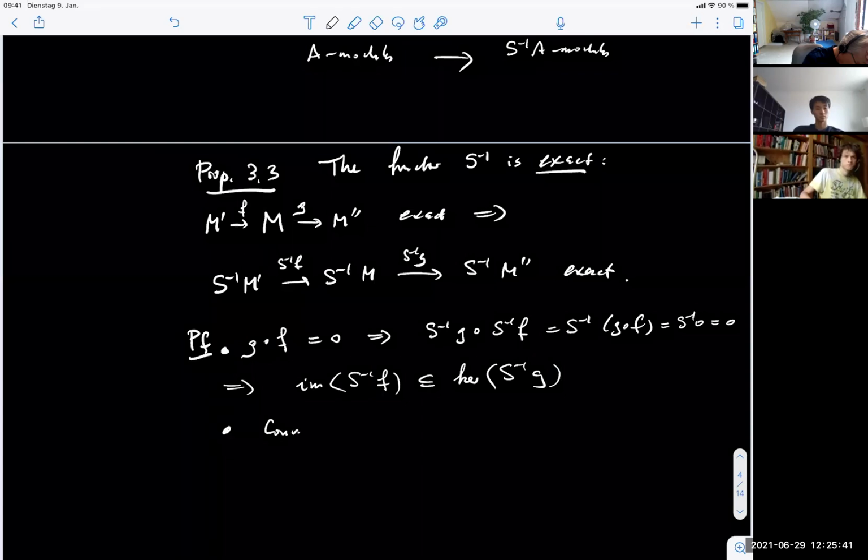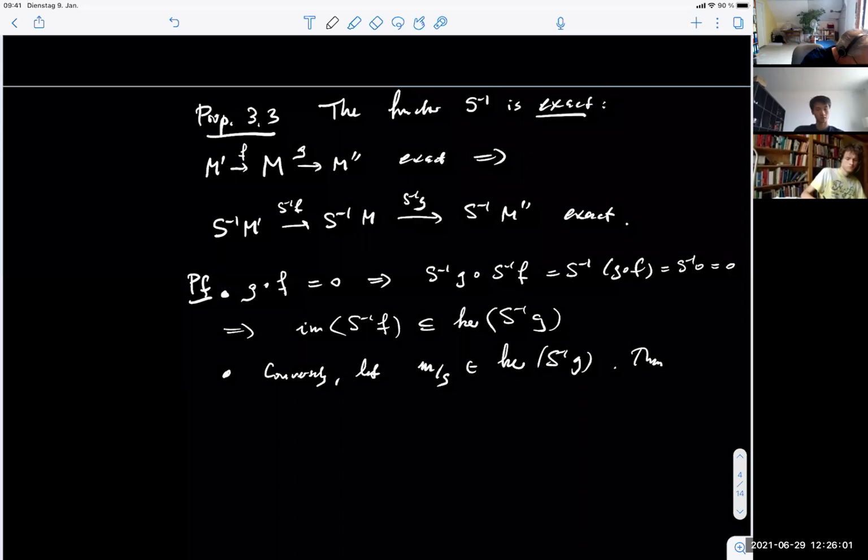Conversely, I take an element m over s that is in the kernel. What does it mean? When I map it, I get g of m divided by s, because that's the definition of this map, and this equals 0.